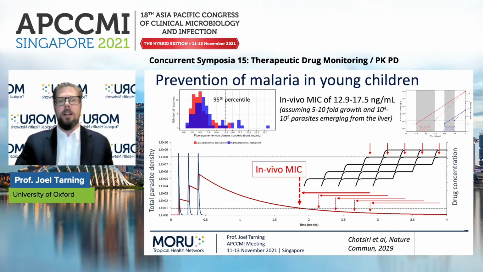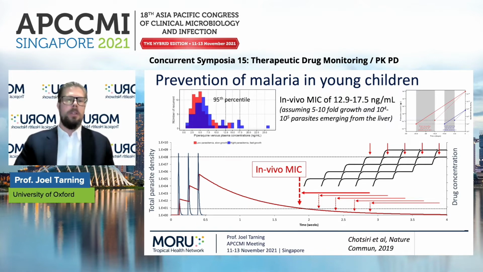We then used these time points to back extrapolate in time a likely starting point of the blood stage infection. And here you can see a 5-fold or a 10-fold growth, and with 10 to the 4 or 10 to the 5 parasites emerging from the liver. So this gives us a likely starting point for these patients.